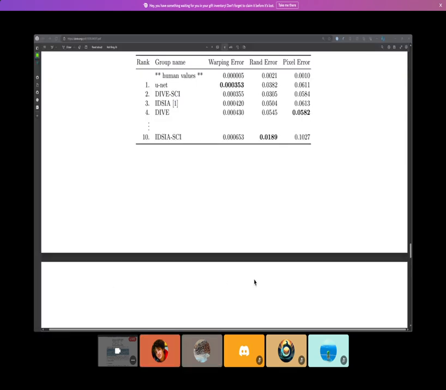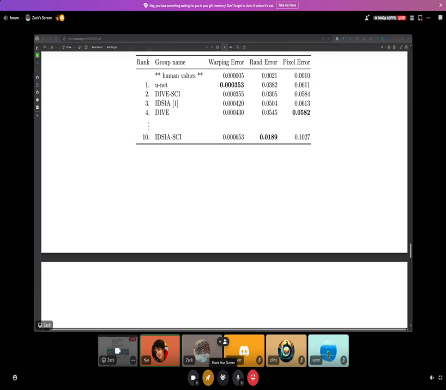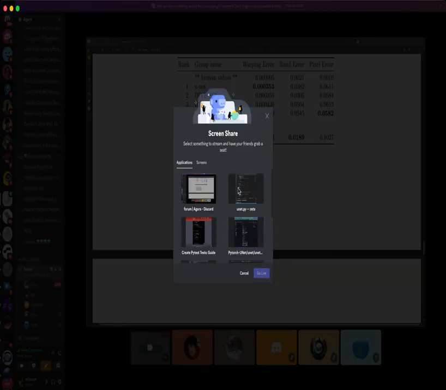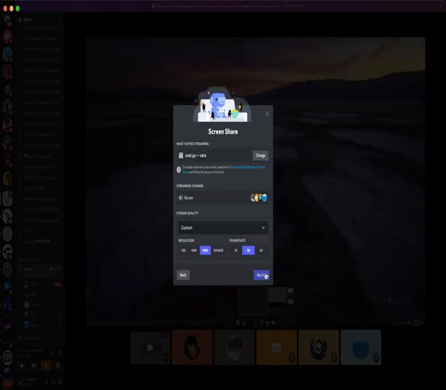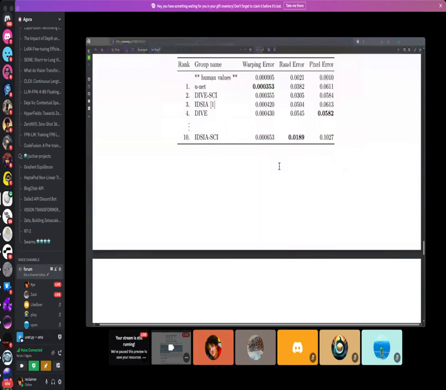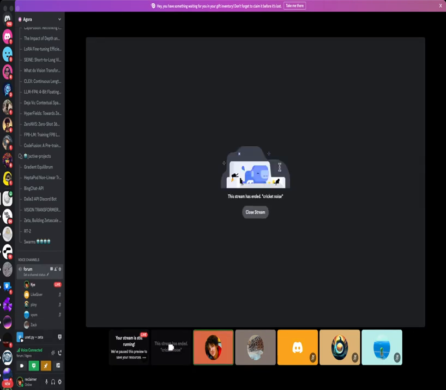As you were reading, I made a simple implementation of this. I'll show you what it looks like in PyTorch. So here is the U-Net.